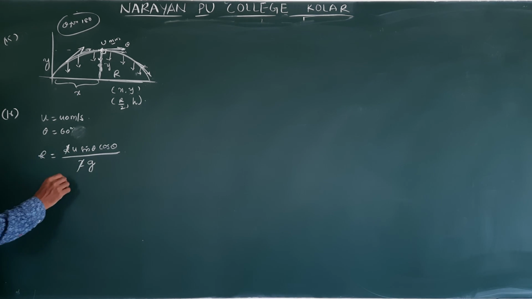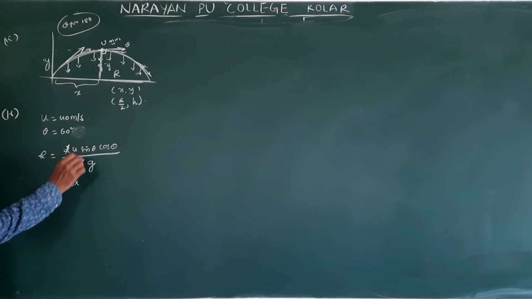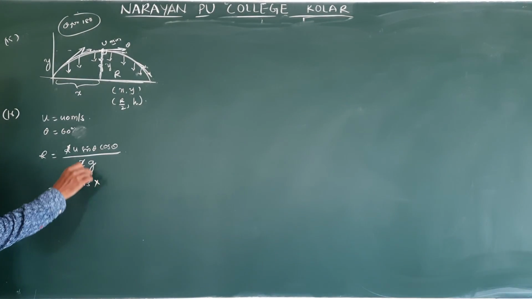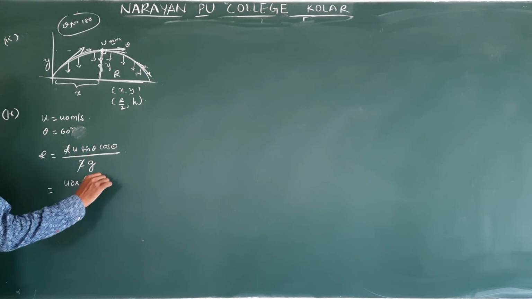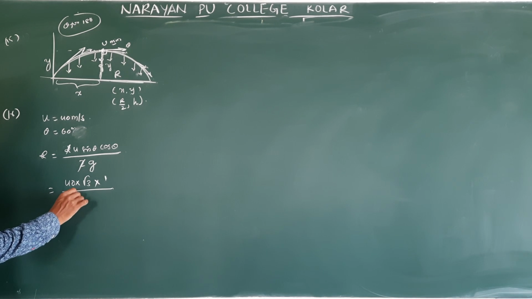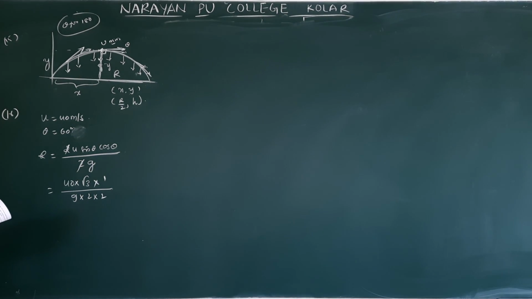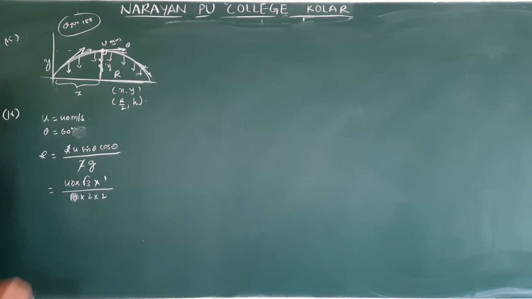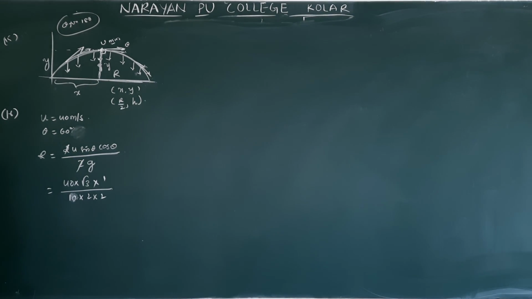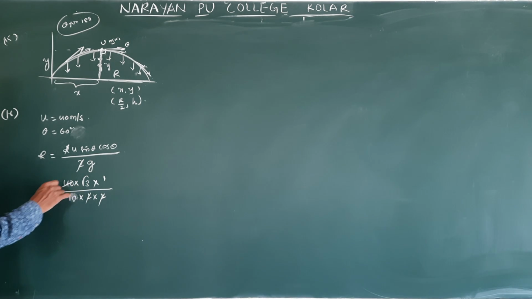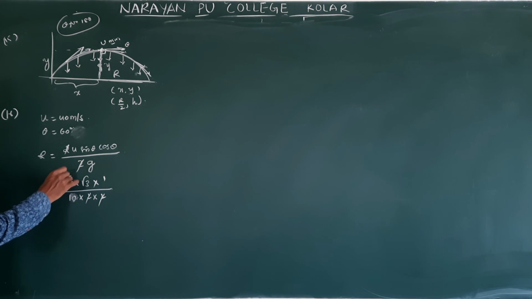Substitute the values. 40, sin 60 is root 3 by 2, cos 60 is 1 by 2. So g into 2 into 2. G, they are asking us to take 10. Clear? So 20 and 10 cancel.